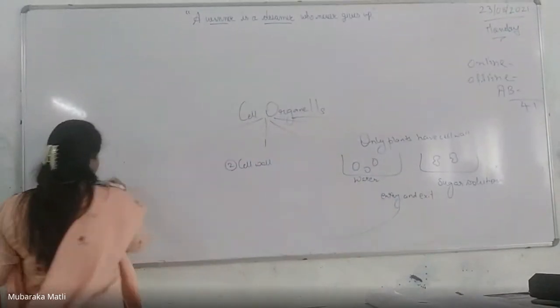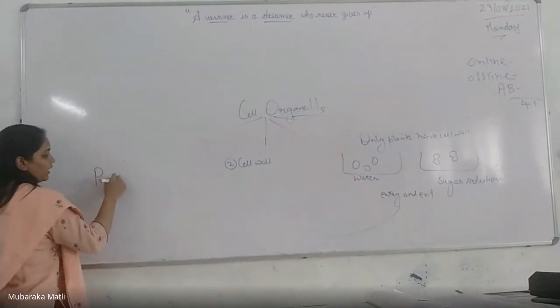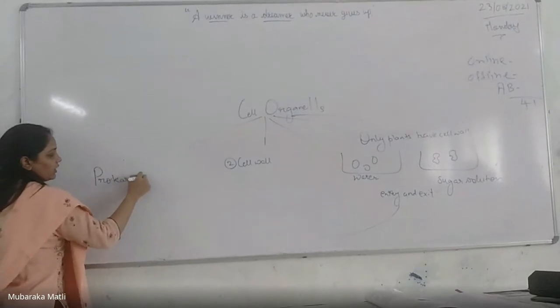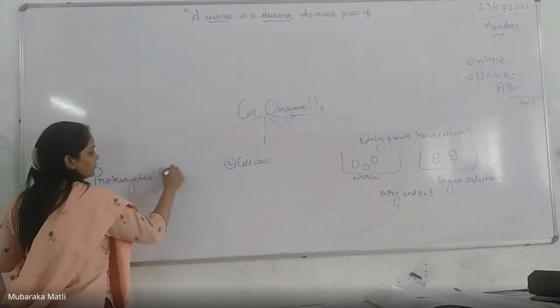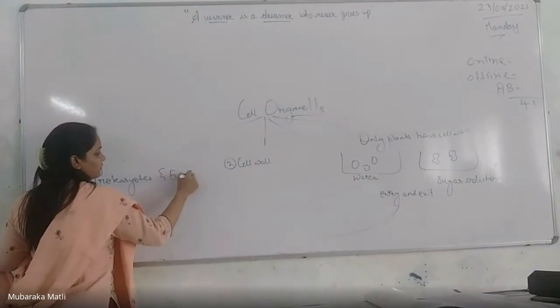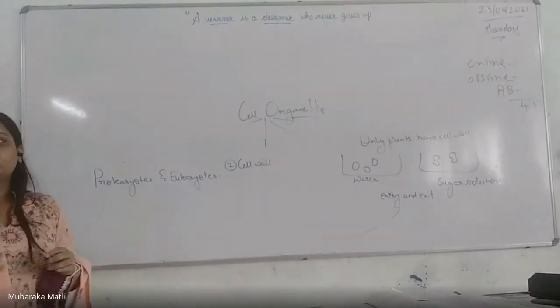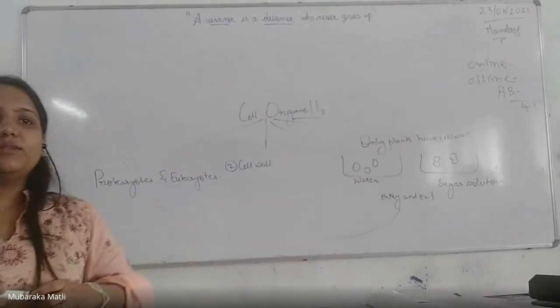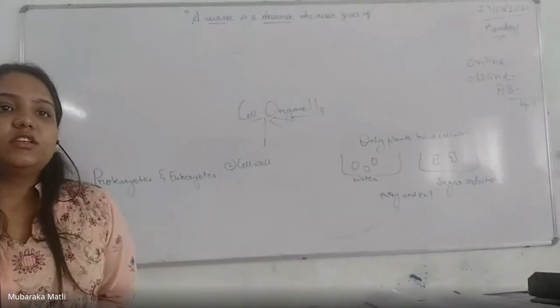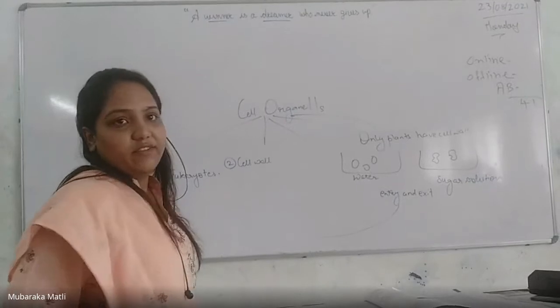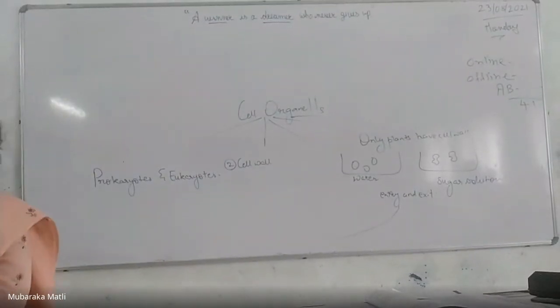If your answer is yes, then tell me about prokaryotes and eukaryotes. Have you learned about this? Have you studied about this? So if all organisms have nucleus, then what are these?